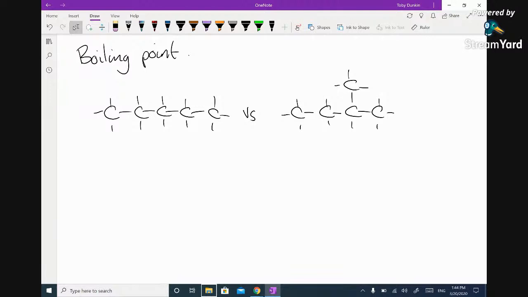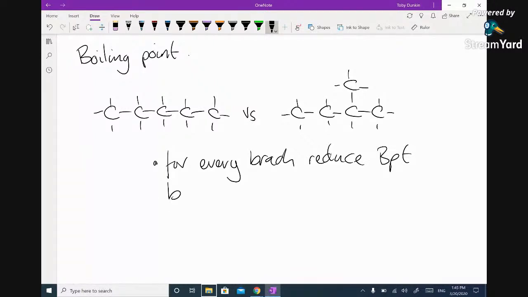So for every branch, reduce BPT, boiling point, by give or take 5 degrees Celsius.